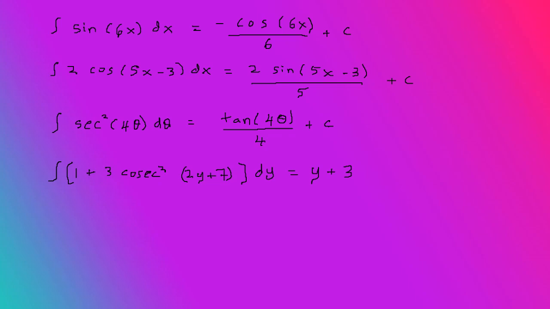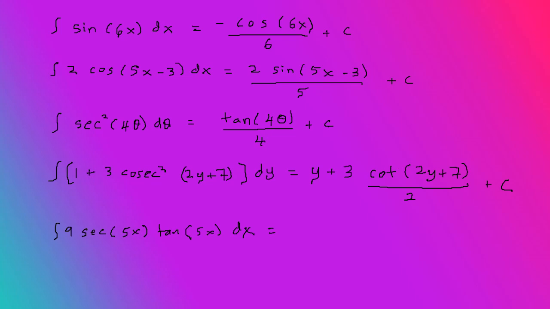And then integrate cosecant square, we will get negative cotangent, and then write the function is 2y plus 7. Divide by the constant for y, which is 2, so divide by 2 plus c.